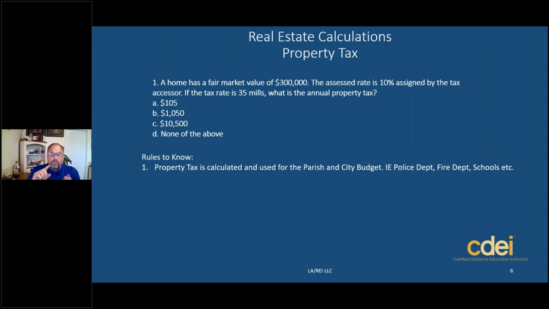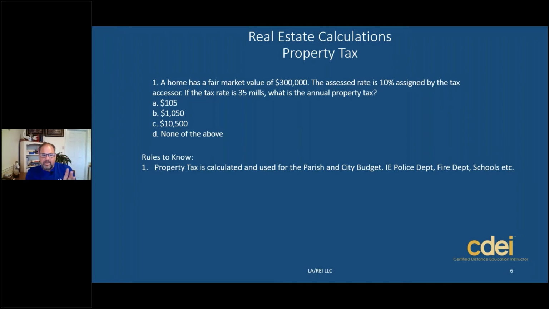For example, we have to pay for police departments, fire departments, public schools, roads, maintenance, sewer lines in the city. All these items that need to be expensed in a budget have to be paid somehow. That comes from property tax, from residential to commercial to industrial. Anybody that owns property, even raw land, has to pay property tax. So it's used to pay for the budget for the city.